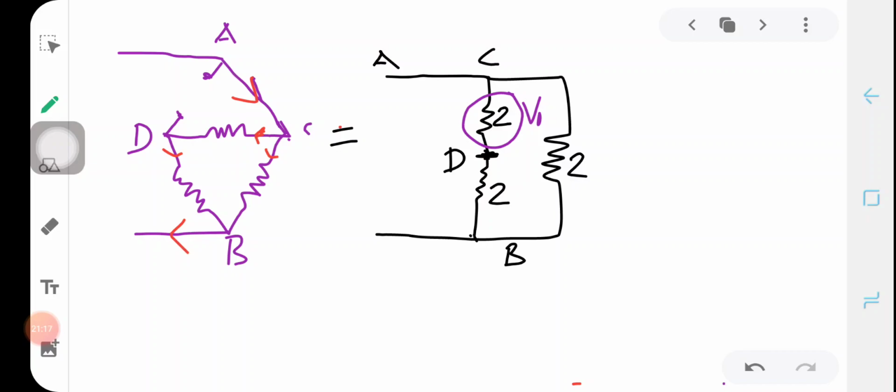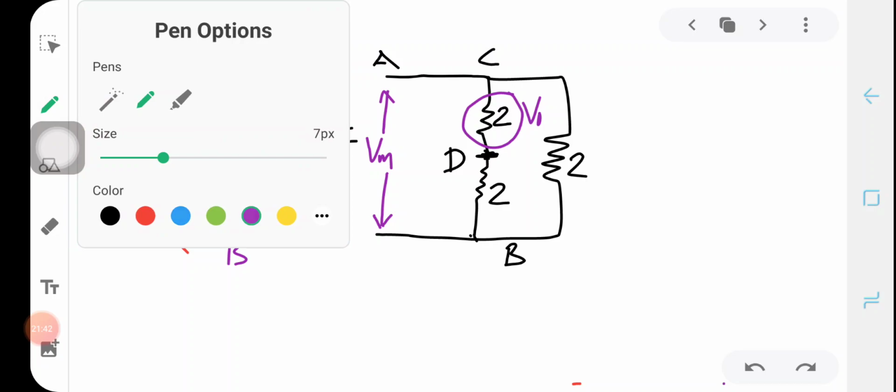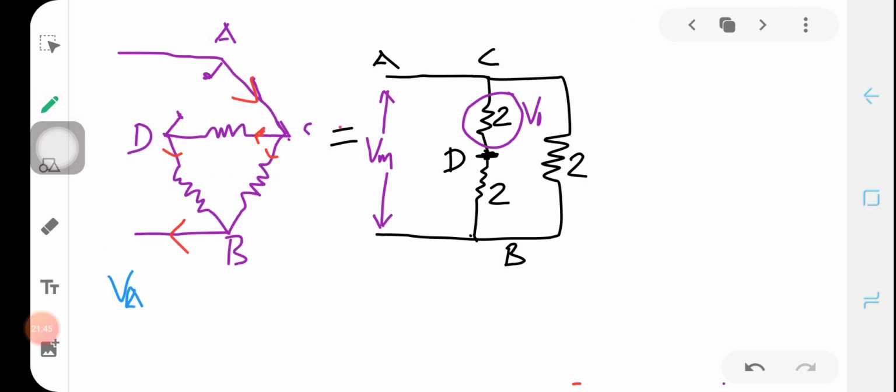So now the maximum voltage which will appear across the nodes AB is the maximum voltage of the input signal, that is VM, that is VAB. VAB is equal to VM, which is equal to 10 volt.